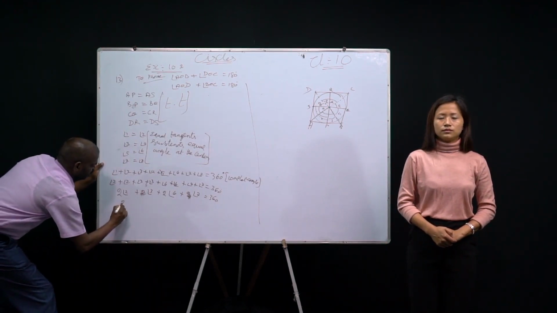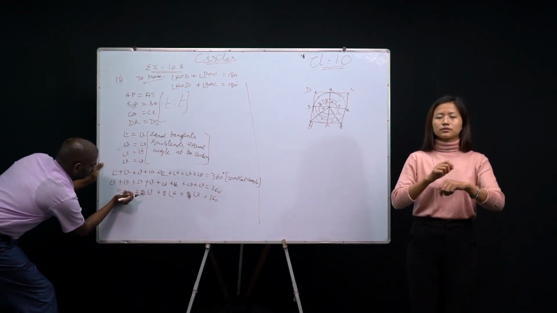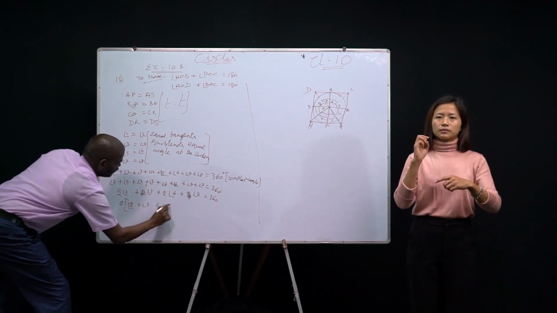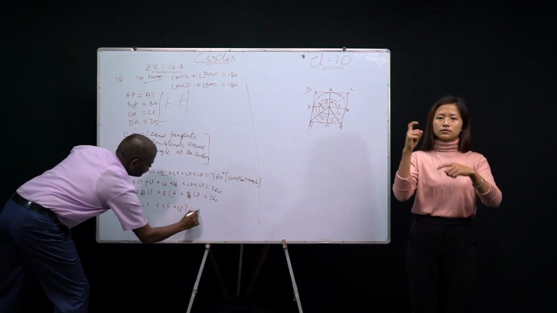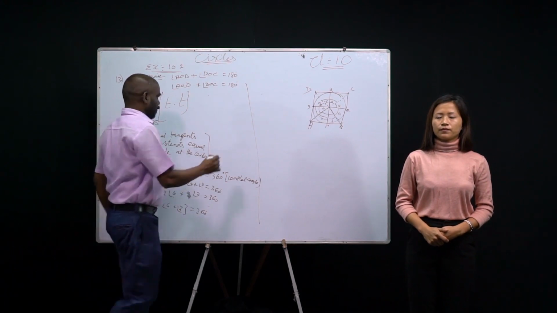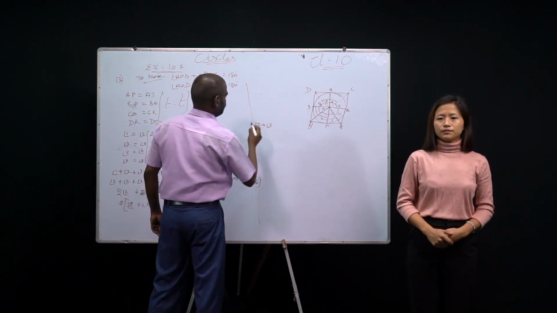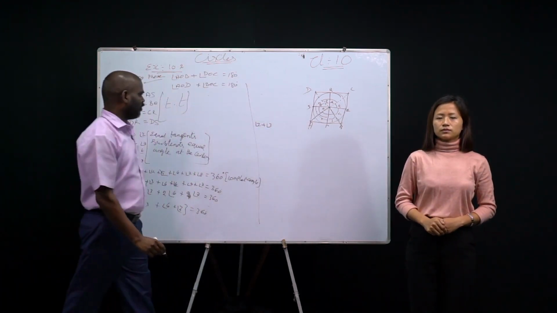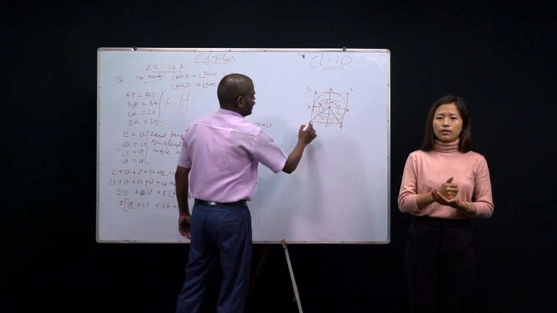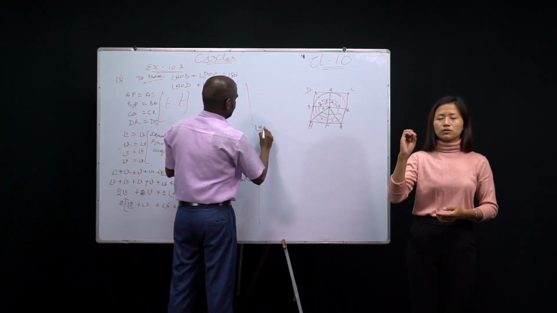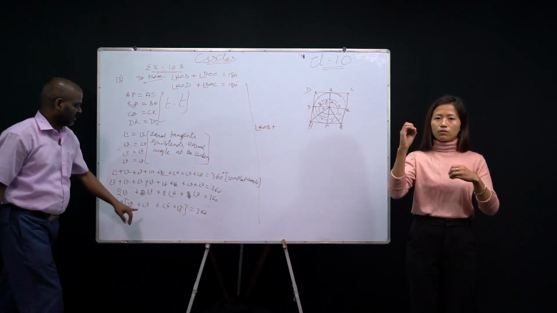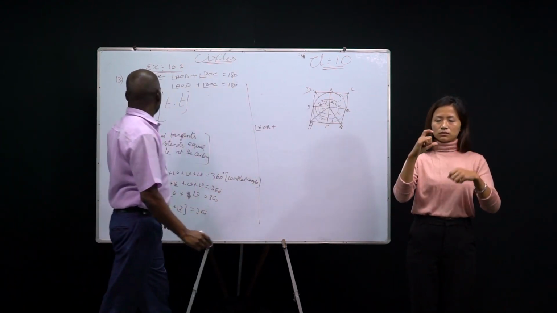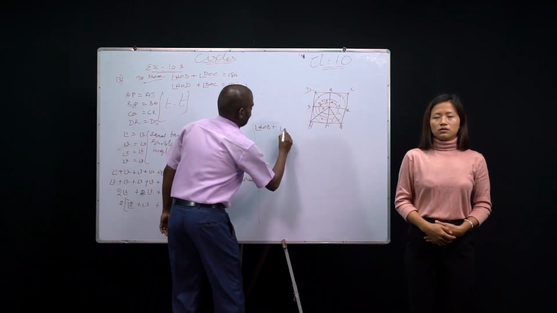So 2 you take common out: angle 2 plus angle 3, plus angle 6 plus angle 7. In place of angle 2 and 3, we write angle AOB. 2 and 3 is nothing but AOB, isn't it? And 6 and 7 is nothing but DOC.